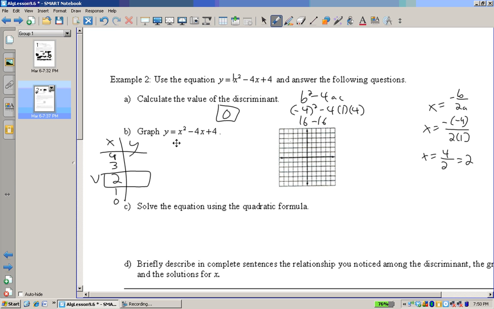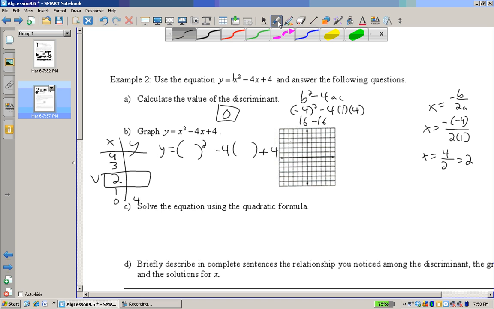Now let's go ahead and plug these in. Zero is always very easy to work with, so let's go ahead and plug in 0. That's 0 minus 0 is 0, plus 4 is 4. 1 is usually runner-up as far as easy to work with. 1 squared is 1 minus 4 plus 4.